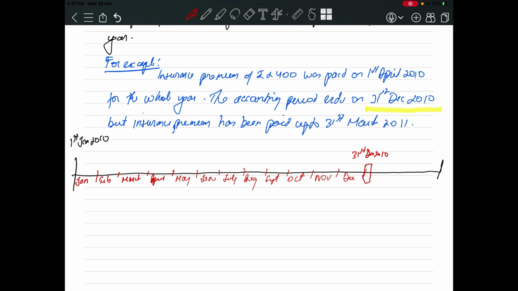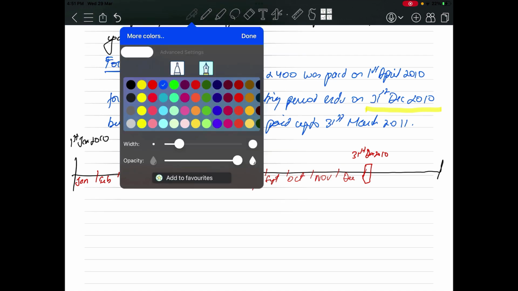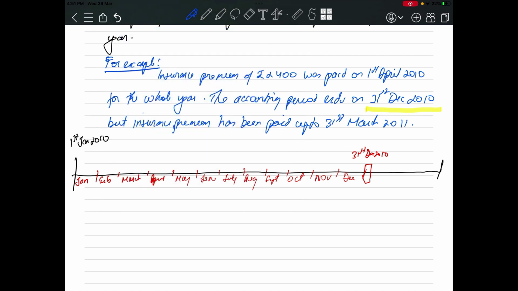Now what does the example say? We have paid insurance premium on 1st April. Insurance premium paid, rupees 2,400. The insurance premium has been paid for 12 months, up to 31st March.